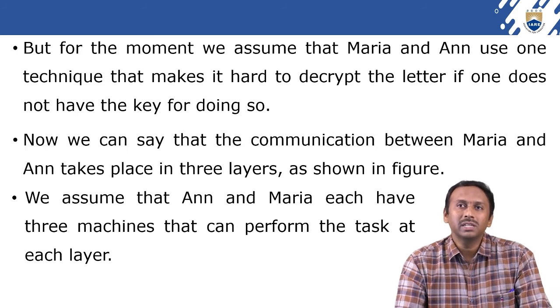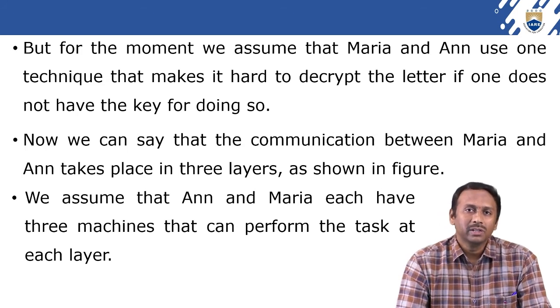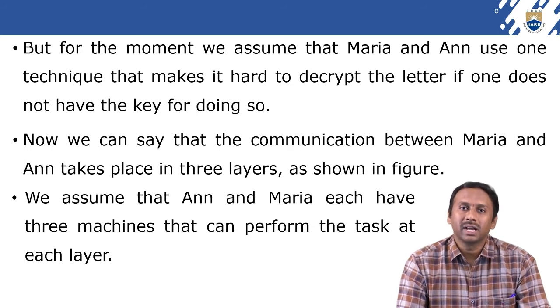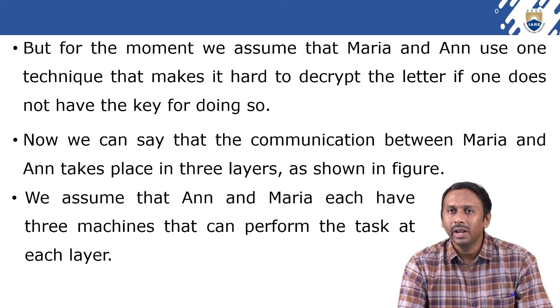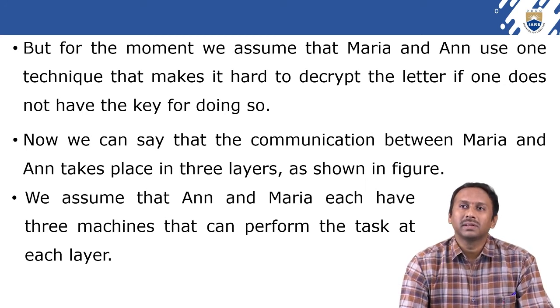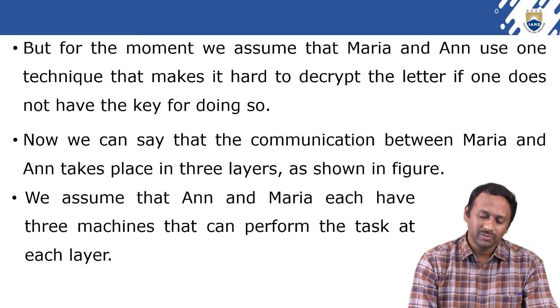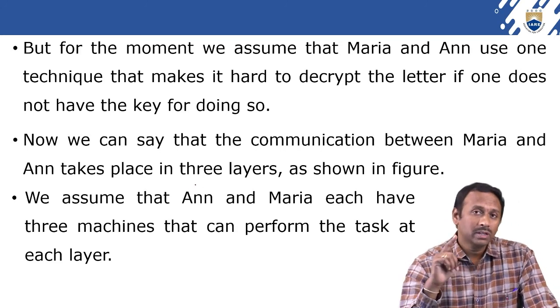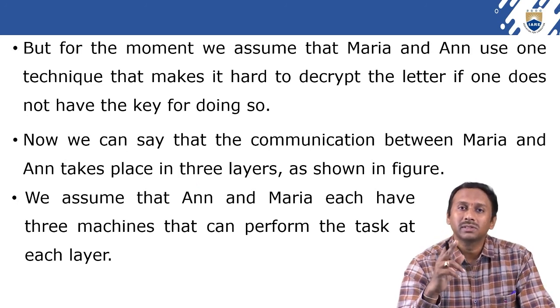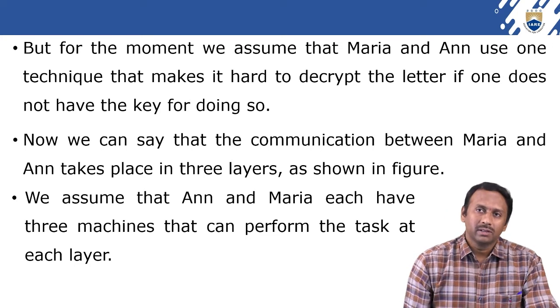So if the key is not there for decryption, they cannot read what exactly the letter contains, right? Now we can say that the communication between Maria and Anne takes place in three layers, as shown in the figure below. I'll show you the figure. In the first scenario, Maria and Anne communicate in a single layer, isn't it?